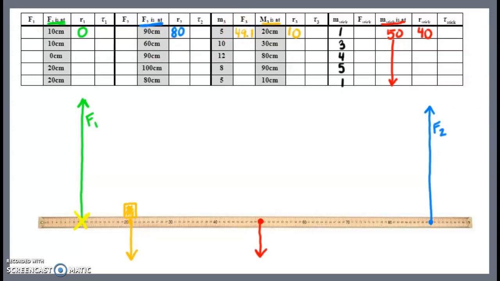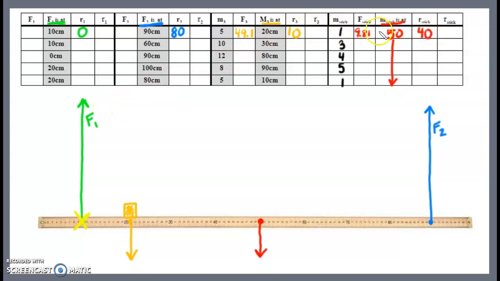For the next one, I have 1 times 9.81, so I get 9.81 newtons. I still don't know enough information about F2 or F1. I don't know any masses or anything to calculate those forces used to support our beam.